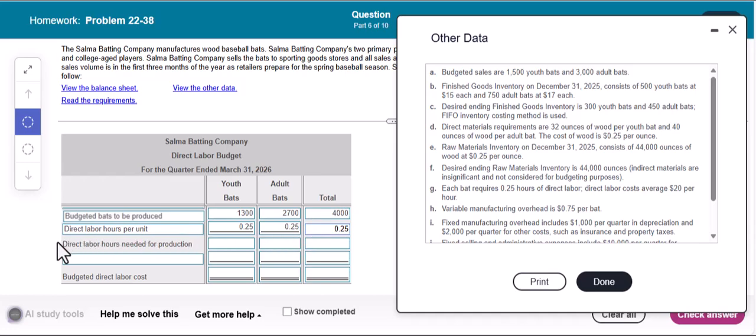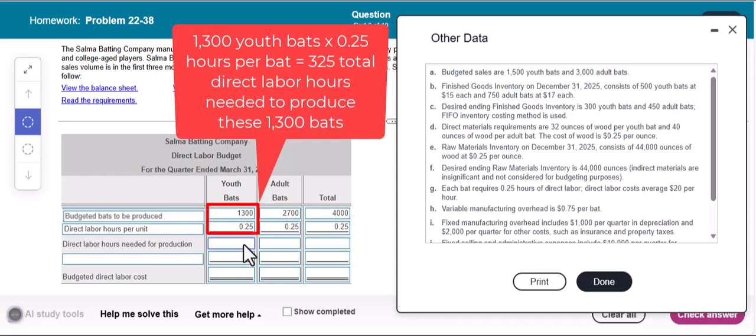Now on the next field, we have direct labor hours needed for production. Essentially what they're asking for is how many hours all 1,300 of these youth bats are going to take, and how many of these 2,700 adult bats are going to take. Again, that's a quarter hour for each bat. So we're going to take 1,300 times 0.25, and that gives us 325 hours even for the youth bats.